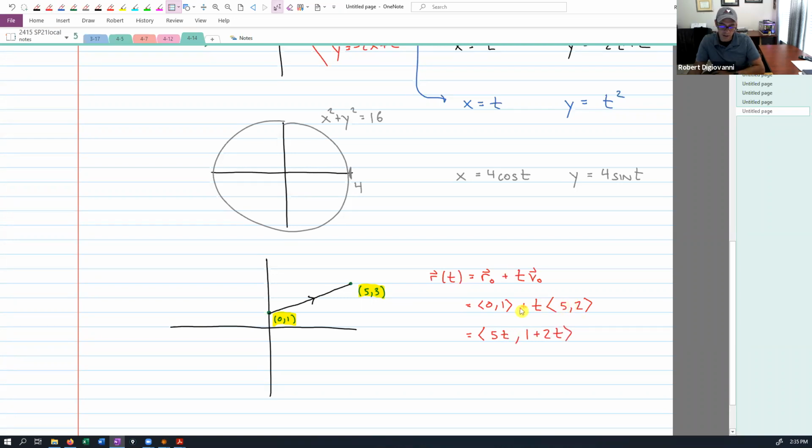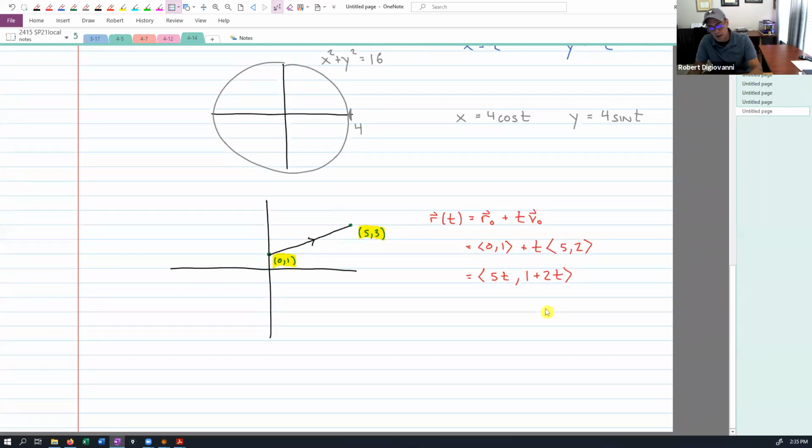So distribute the t and then combine the vectors. And now you can see that this is my x and this is my y. This is my x component and y component, so those can be my 2 parametric equations. But there's one catch. Because it's a line segment, you have to restrict t between 0 and 1.